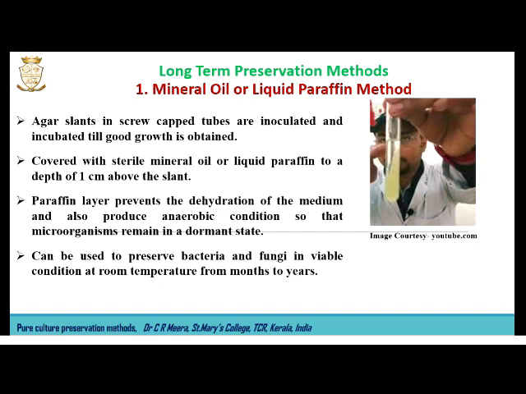This method can be used to preserve bacteria and fungi in viable condition at room temperature for months to years. The paraffin layer prevents dehydration of the media and also produces anaerobic conditions so that microorganisms remain in a dormant state.